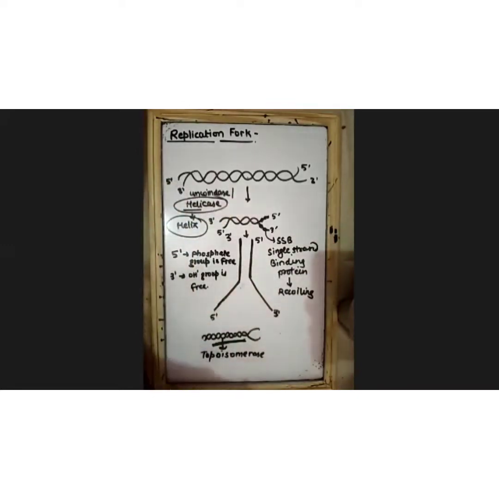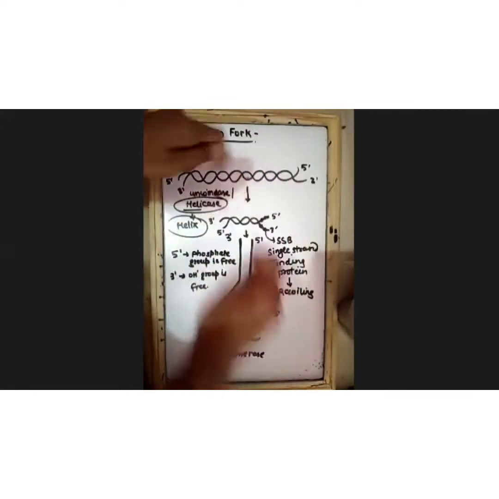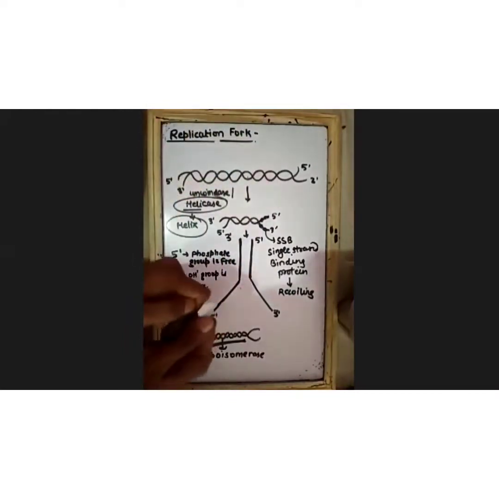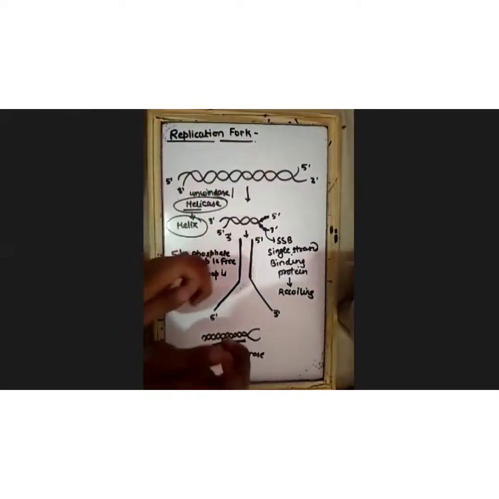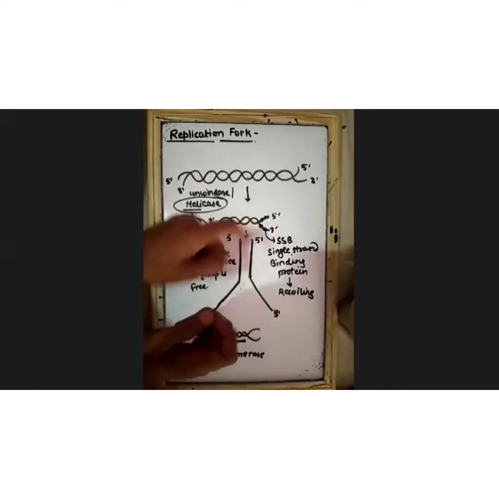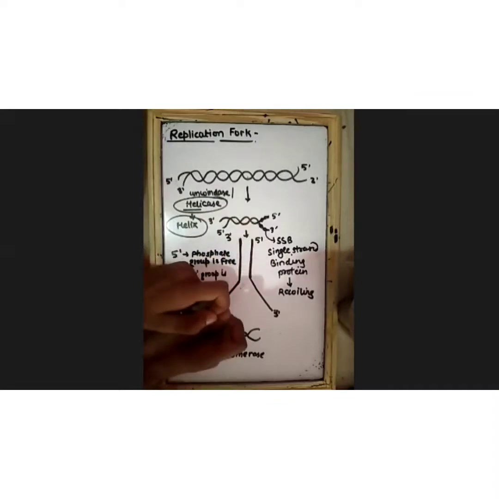Once again, if you try to open this highly coiled structure, then after the opening, the two strands will try to come together again. So you want to protect them from recoiling. So we will use the single strand binding protein, and they will prevent the recoiling.